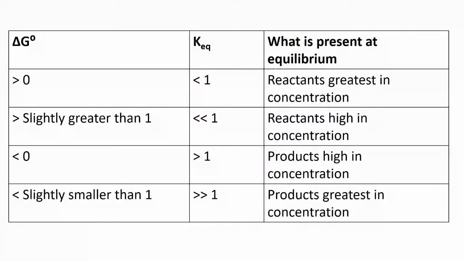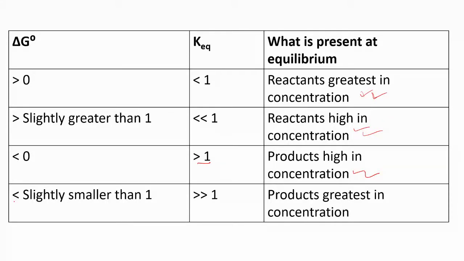So let's look at our relationship here and let's summarize. If delta G is greater than 0 and K is less than 1, then our reactants in this case will be in the greatest concentration. If delta G is only slightly greater than 0 and K is much less than 1, then our reactants are in very high concentration. On the flip side, if our G is less than 0 and our K is greater than 1, products are high.